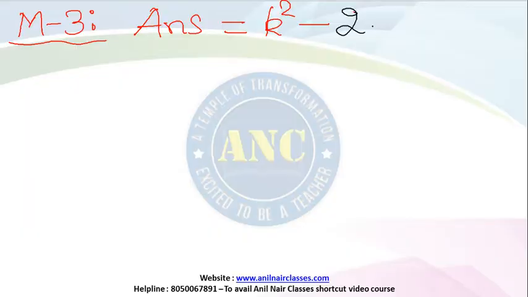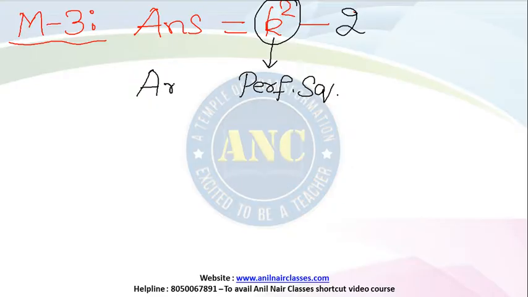Or in simple language, k square is nothing but a perfect square. Any number which is having the power as 2 or multiples of 2, that number is a perfect square. That means whenever the powers are getting doubled, the answer is a perfect square minus 2.